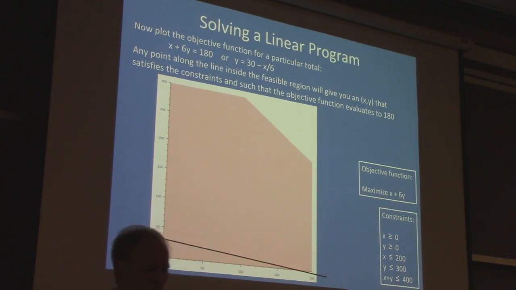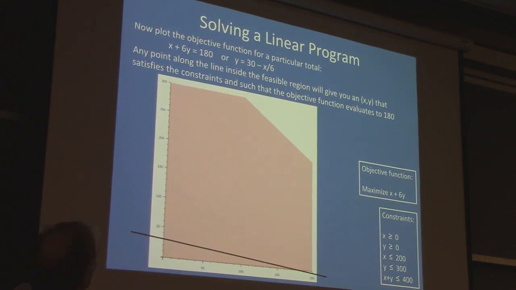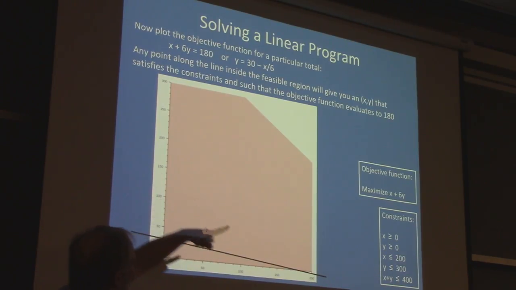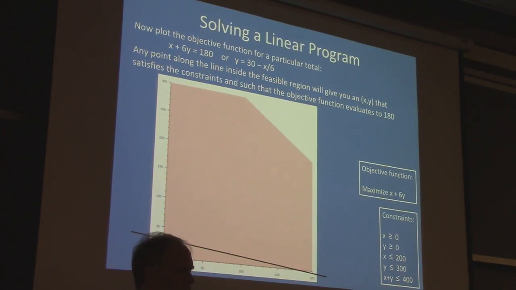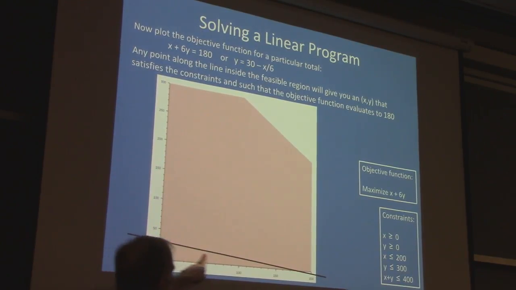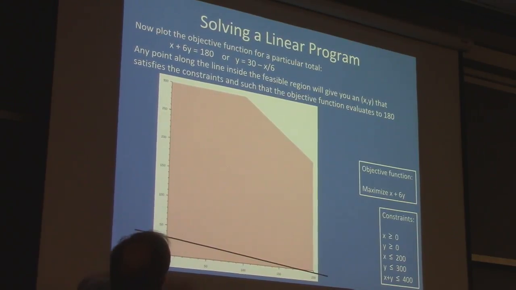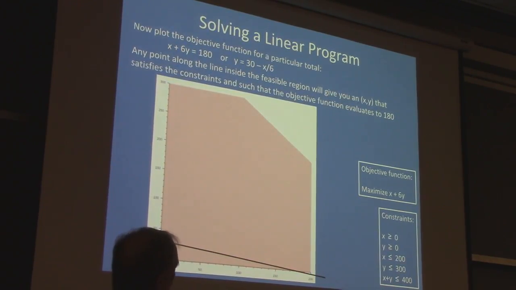So let's graph the objective function. The thing we're trying to maximize is x plus 6y. I picked 180 just for the heck of it. This is the line where x plus 6y equals 180. You can see it up there. X plus 6y is 180, that's y equals 30 minus x over 6.